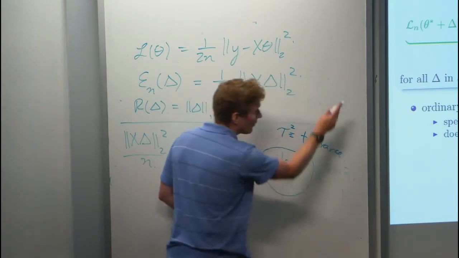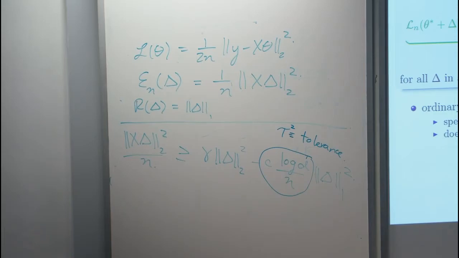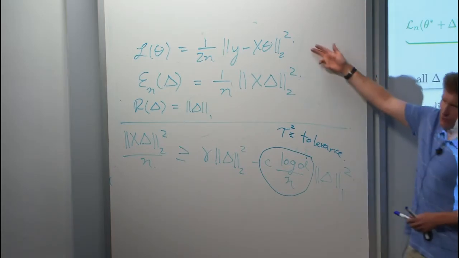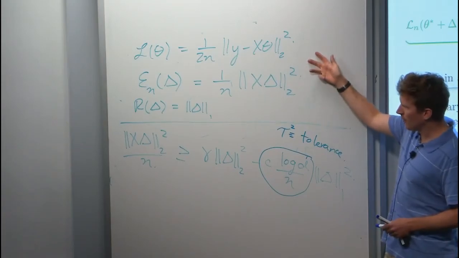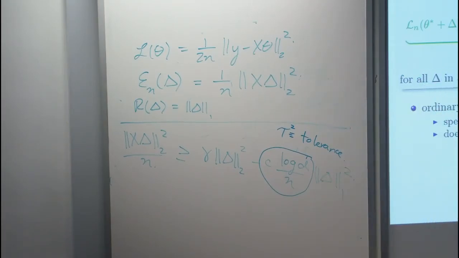So that's an instance of one of these results for least squares. But we're going to think about this more generally. We're going to see that with many other regularizers, similar results hold. Right? There's nothing specific about least squares. We can do this for all sorts of other objectives. And there's nothing so specific about L1. We can do this for all kinds of other regularizers.